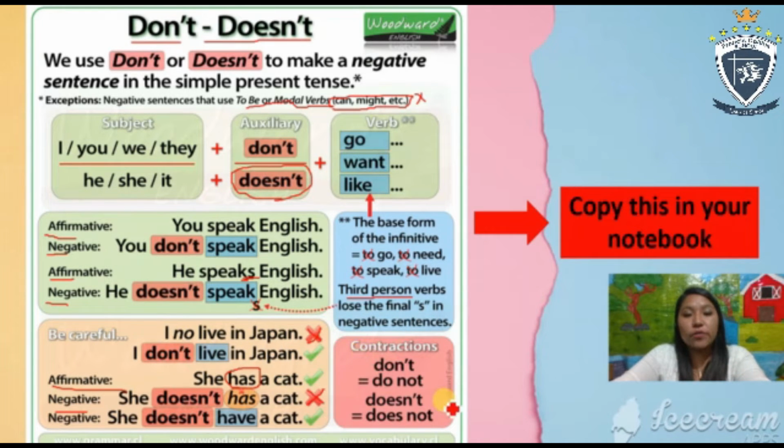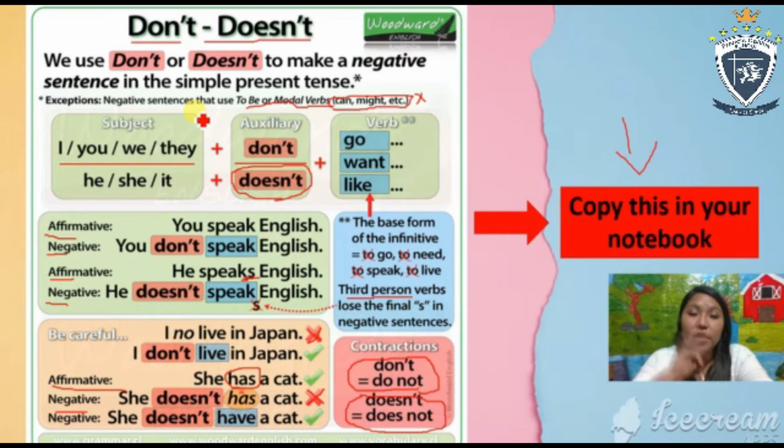In the negative form, we only use don't or do not or doesn't or does not, ¿ok? Don't forget that you have to copy this in your notebook. Esto tienes que copiarlo en tu cuaderno, ¿ok? Remember, he, she, it trabajan con el doesn't, ¿ok? Y los demás pronombres con el don't, ¿ya? ¿Y cómo va el verbo? ¿Le agrego algo al verbo? ¿Una S? ¿Le agrego algo?